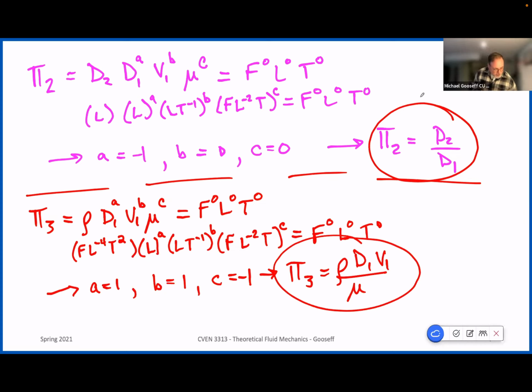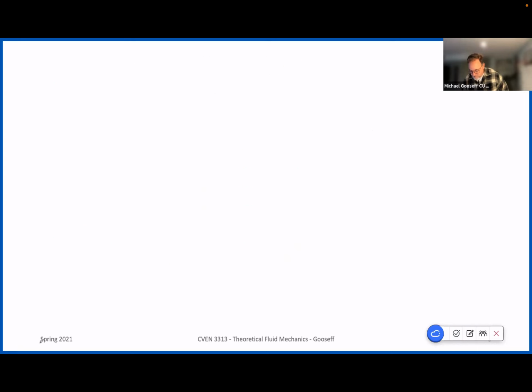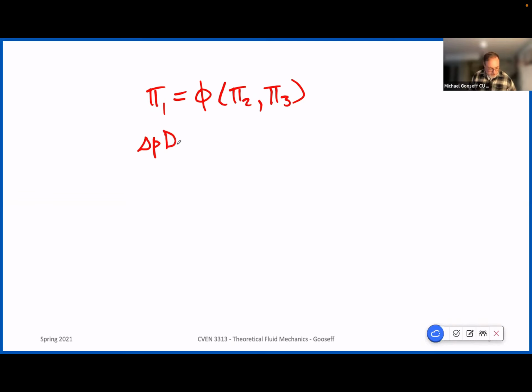Okay. So that ultimately looks like this. You end up with pi 1 is equal to phi, some function of pi 2 comma pi 3. And when we substitute in these values, we found delta P, the pressure, times D, let me make sure I get the right D on that one.